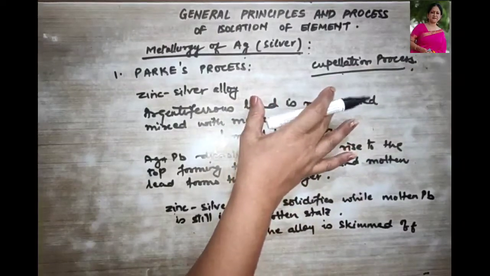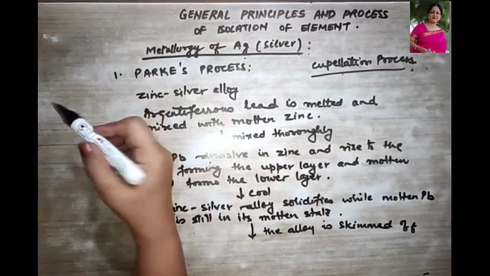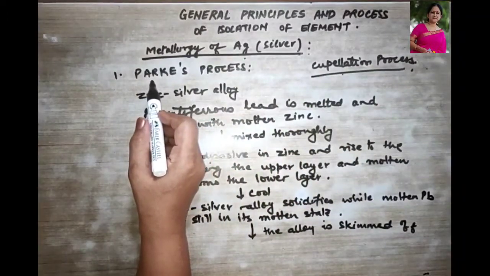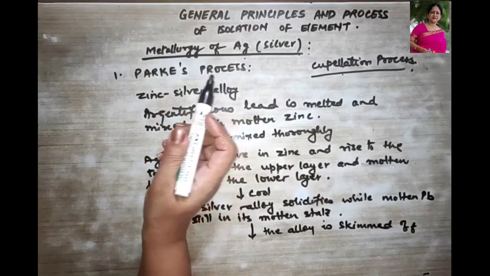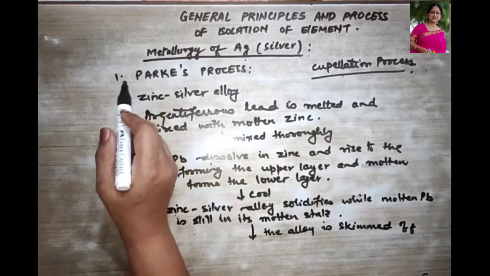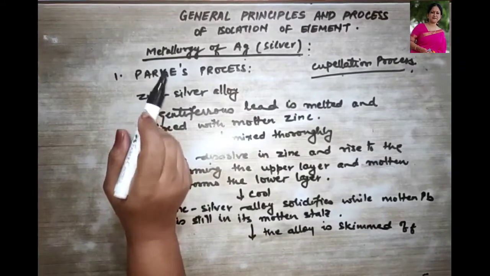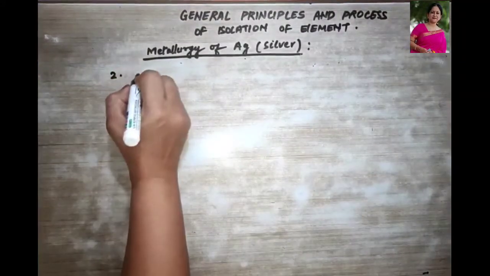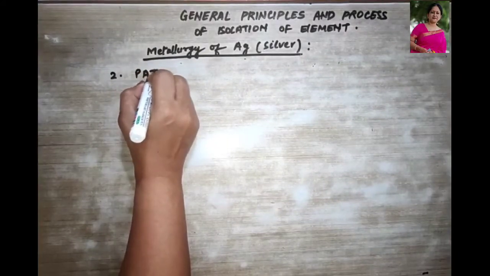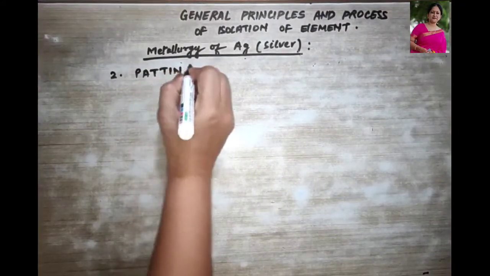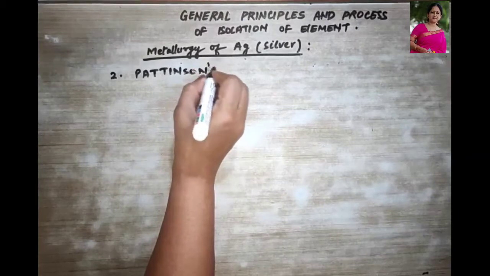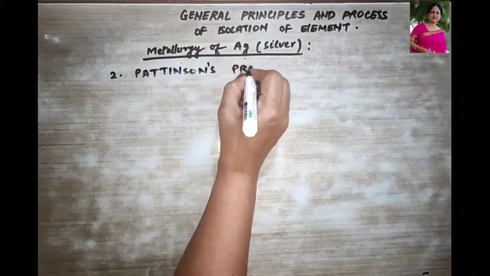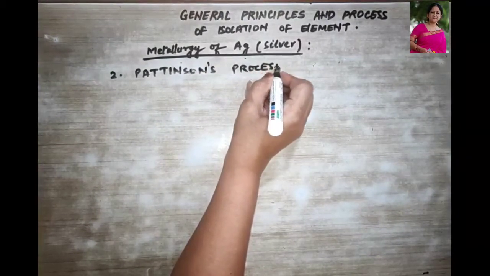We next come to the second process of obtaining silver from argentiferous lead, which is your Pattinson's process.